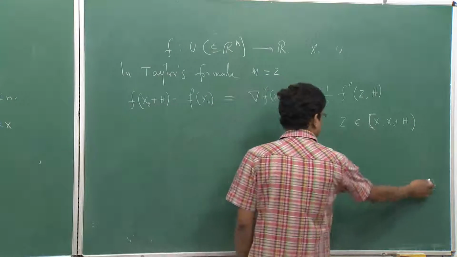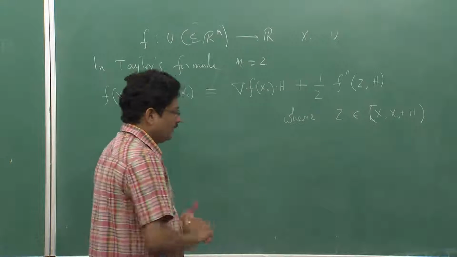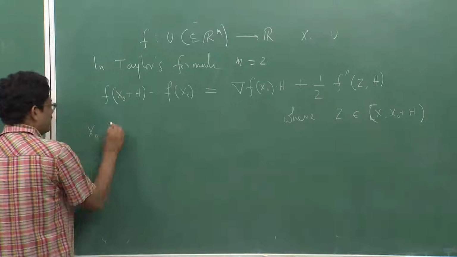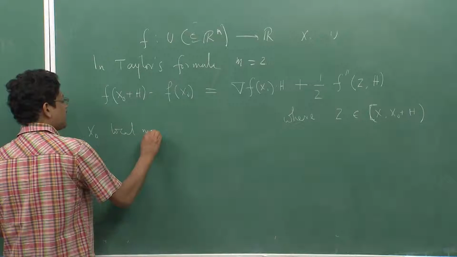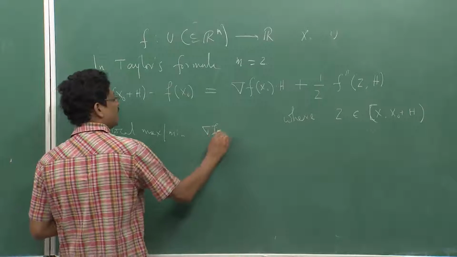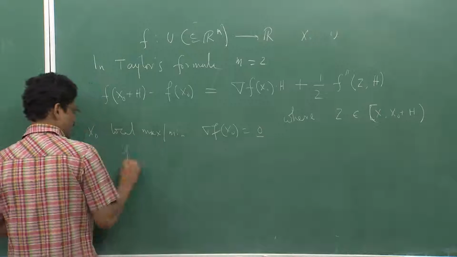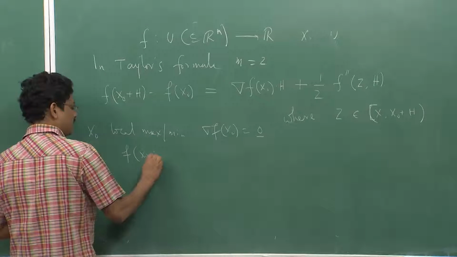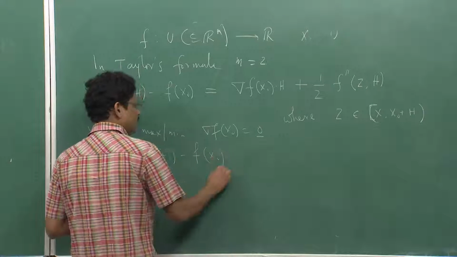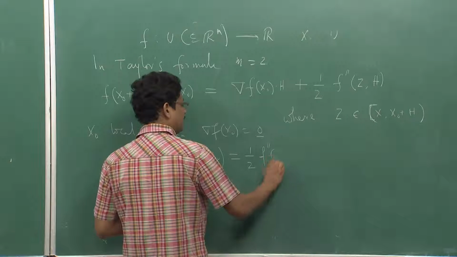Now, if x naught is a local minima or maxima, then we already know grad f at x naught is 0. So, f of x naught plus h minus f of x naught is actually half of f double prime at z applied to h.